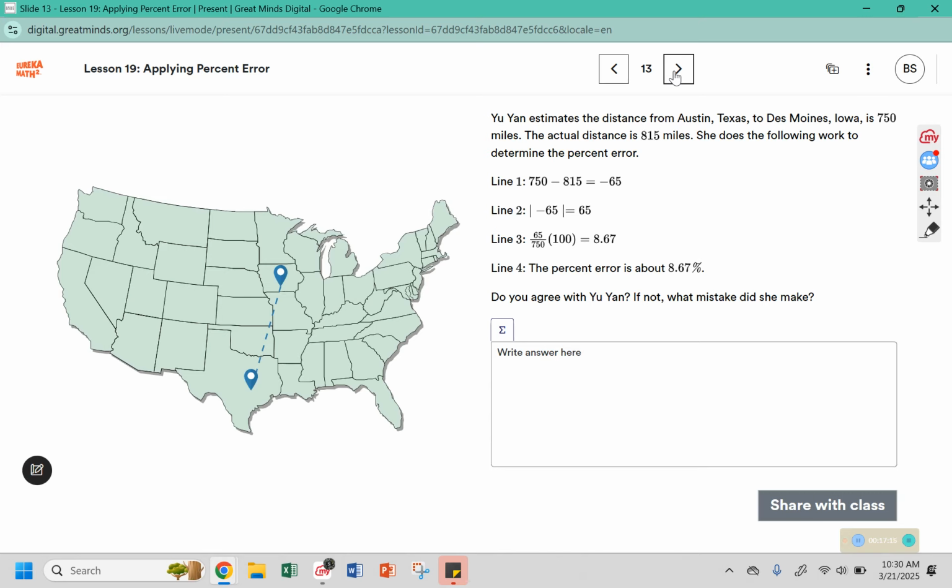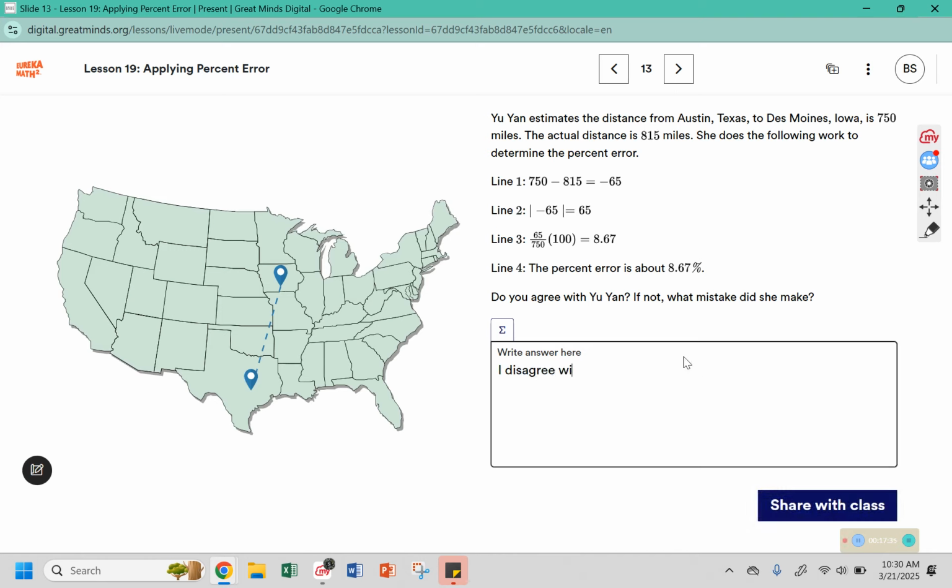Then she takes the error and divides by her guess, and she turns it into a percent. Do you agree with Yuyan? If not, what mistake did she make?